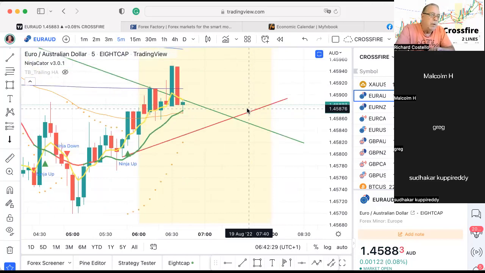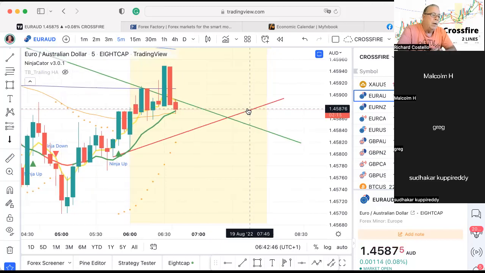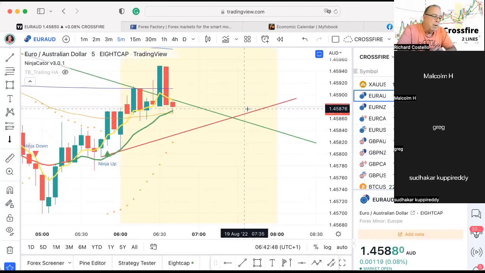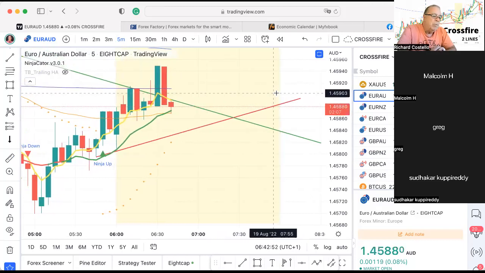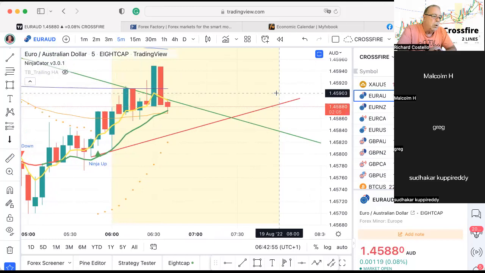So I've got a risk to reward of 1 to 2, and I also tried 15 pips. So I was on a 5 pip drawdown as against a 15 pip take profit. So I could afford to lose a few trades and still be in a winning position, because my risk to reward was more than 1 to 1.